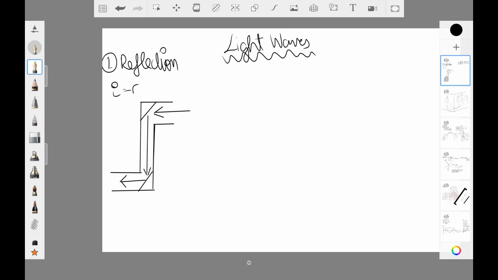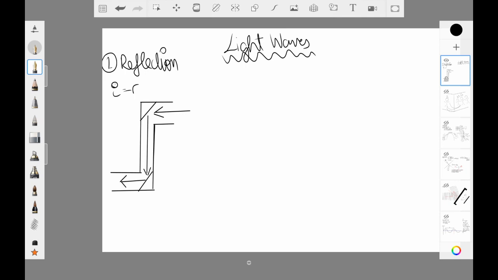We'll be going a bit into lenses and how you can draw diagrams using them. And then there's dispersion of light, which sounds a little weird, but we'll also be looking at that. There's more or less light waves, and after that we'll be looking at the electromagnetic spectrum. Let's not get ahead of ourselves.